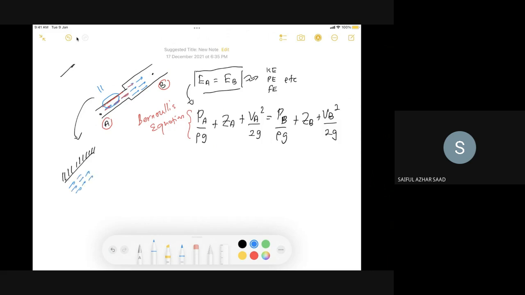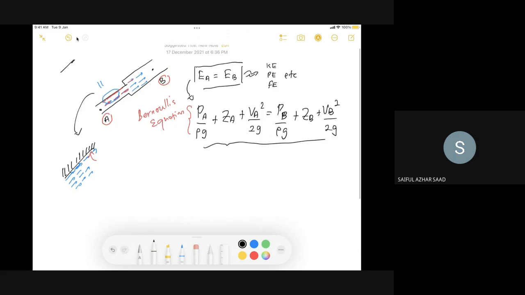Definitely some of the fluid is in contact with the wall, and because of that, it is going to have some losses, because it has to use energy to overcome the friction with the wall. This equation simply assumes that there are no energy losses due to friction, but in real life, we do have losses due to friction.